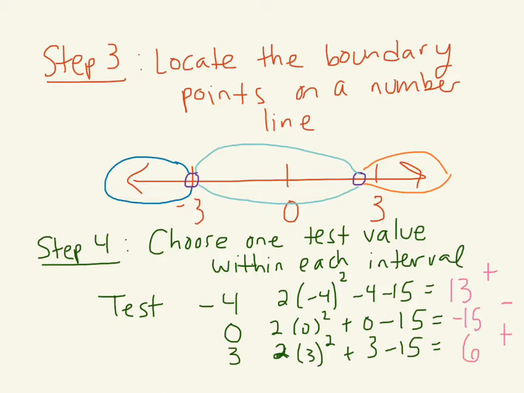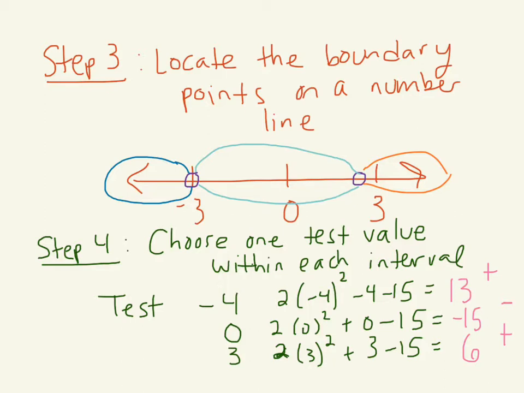Okay, so I need to think back to my inequality now. I ask myself, was I looking for greater than 0, meaning positive numbers, or was I looking for less than 0, meaning negative numbers? Yeah, you're right, we were looking for greater than 0. So we want the test values that resulted in positive numbers. So which ones were those?